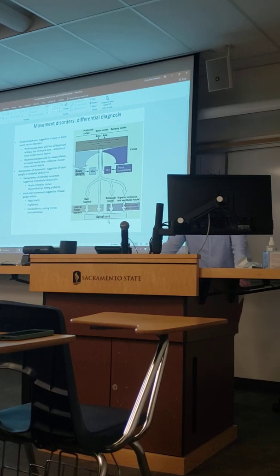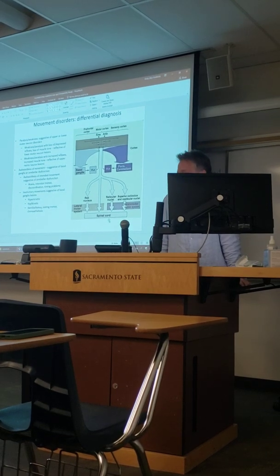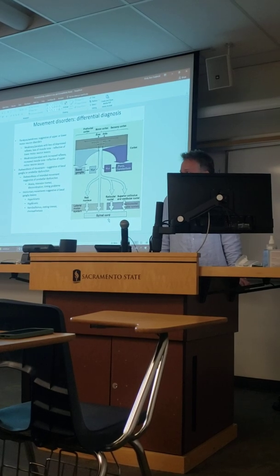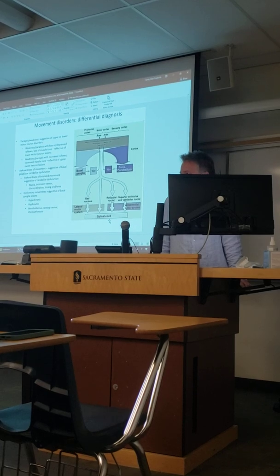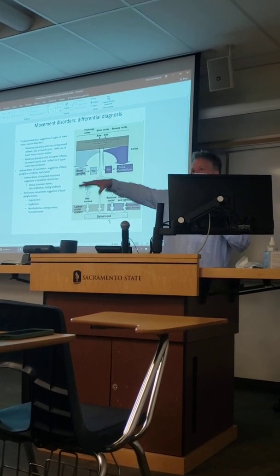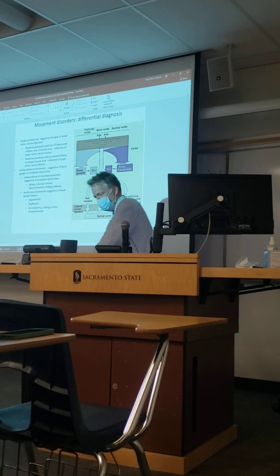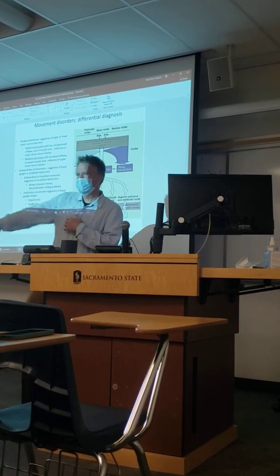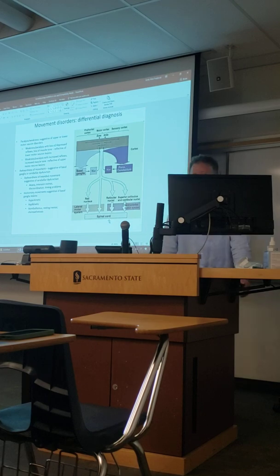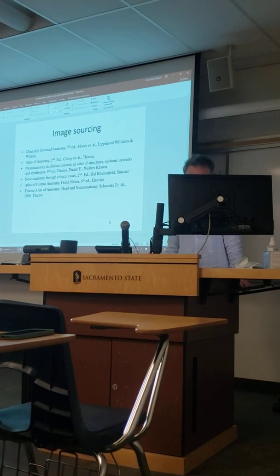You damage the basal ganglia, you either can lose movement, which we call bradykinesia, brady meaning slow, or you can end up with hyperkinetic movement disorders like chorea, right? Involuntary movements, sometimes they look dance-like, or maybe, remember, hemiballismus, explosive movements on one side of the body. And then you damage the cerebellum, we see a whole different kind of symptoms like discoordination, things like that, okay?